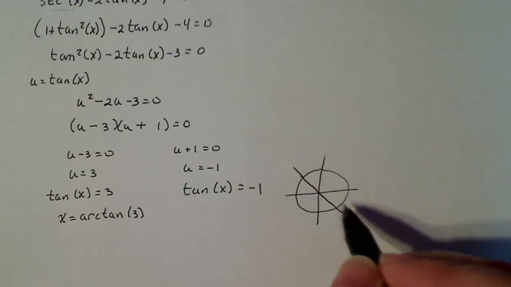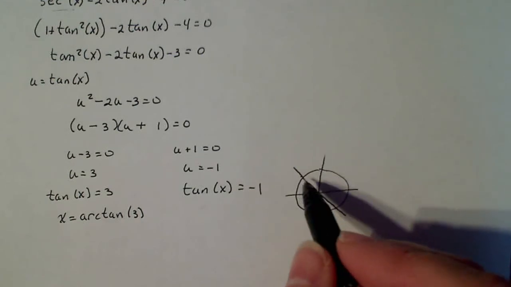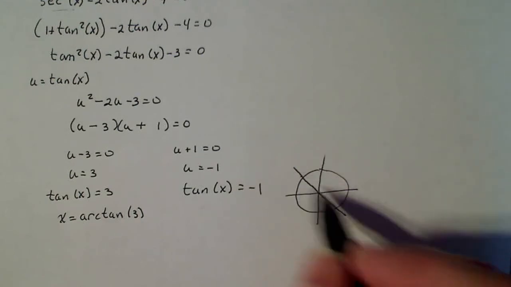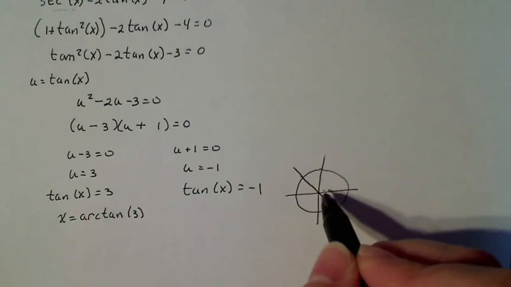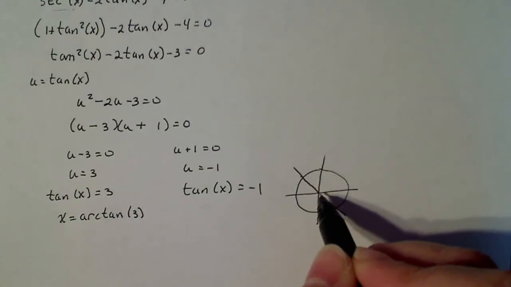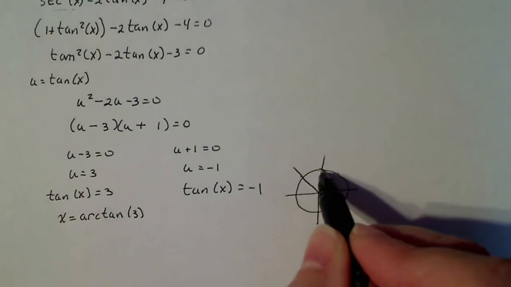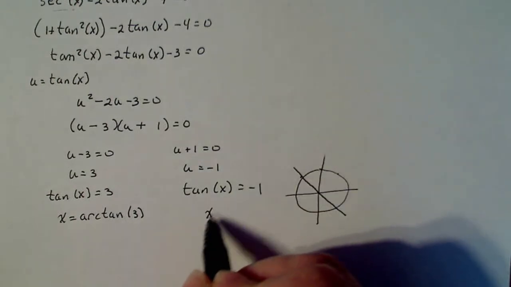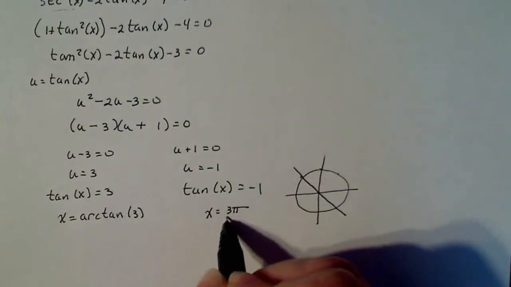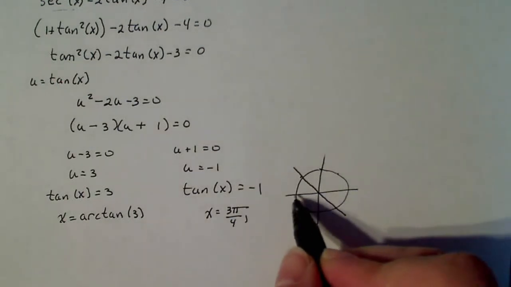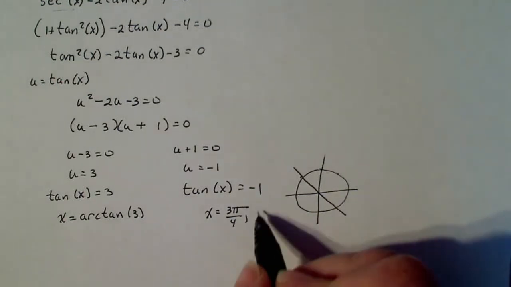And that's where sine and cosine are equal: square root of 2 over 2, square root of 2 over 2, equal but opposite in sign. So that's going to be a denominator of 4. So that's 1 pi over 4, 2 pi over 4, 3 pi over 4, and then 4, 5, 6, 7 pi over 4.